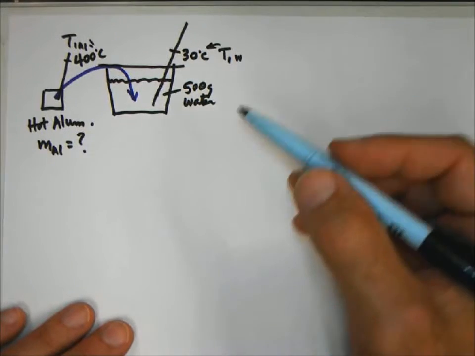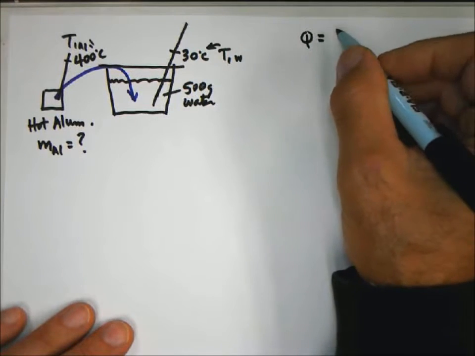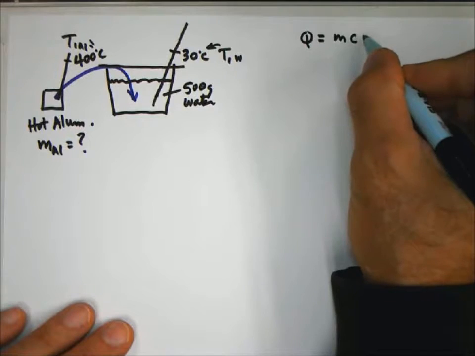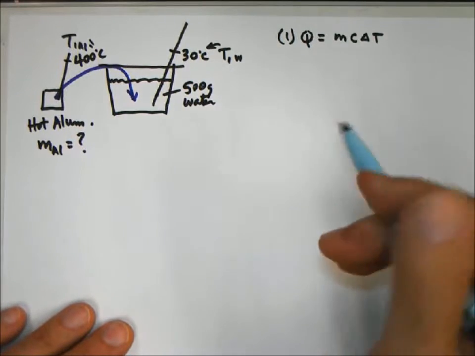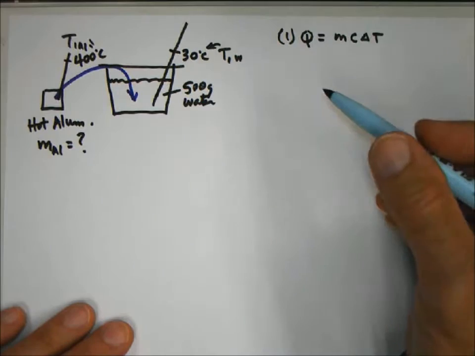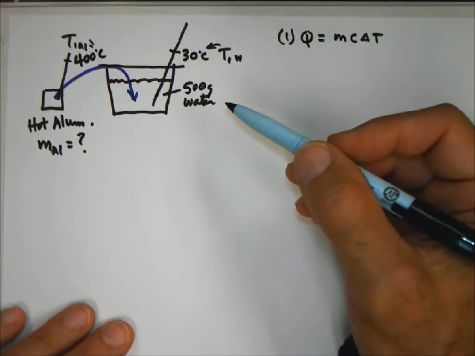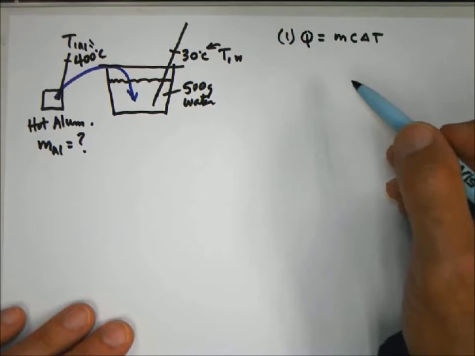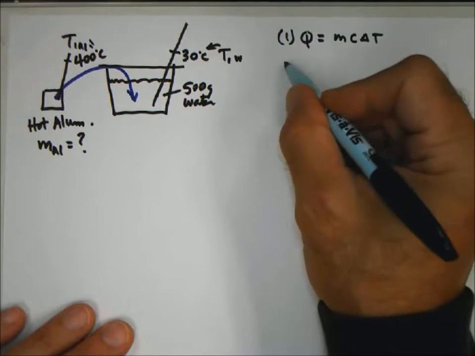Okay, well, what do we know? We know that we have this equation, Q equals mcΔT. But we also know that we can assume, at least in a simplifying case, that the amount of heat gained by the water is approximately equal to the amount of heat lost by the aluminum.